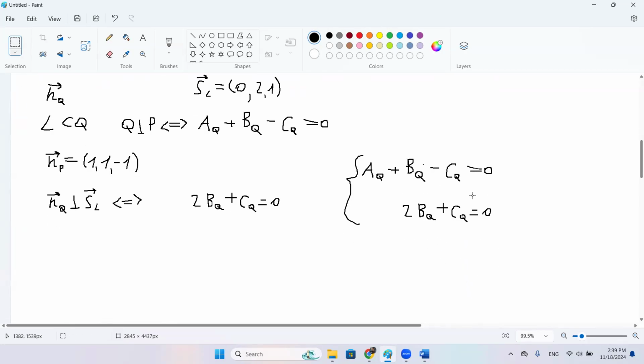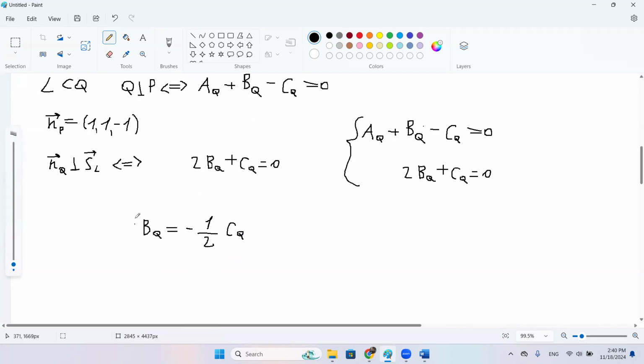So let's make C a free variable and express B through C. So BQ equals minus one half CQ, and AQ equals CQ minus BQ, so it equals 3 over 2 CQ.